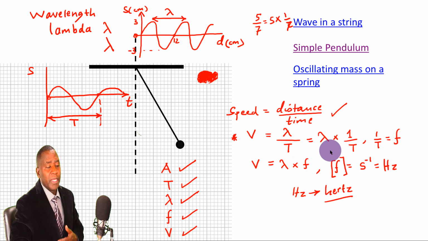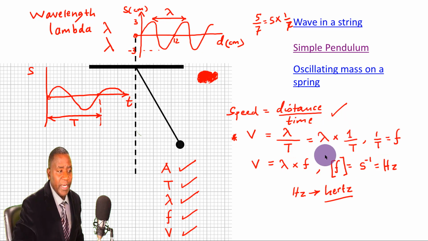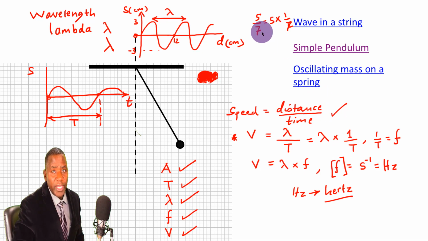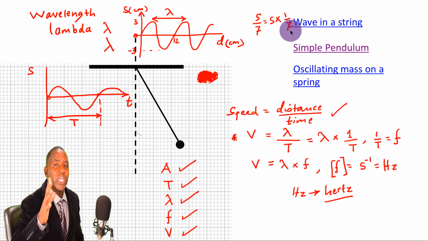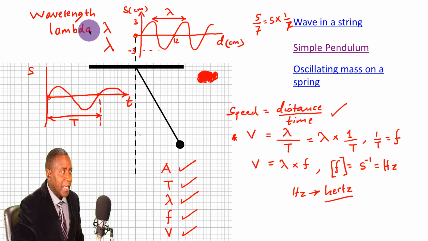Or I came to this equation here and we agreed that this equation can be written like this. Just like, you see this fraction here? That is the fraction I used. 5 over 7 can be written as 5 multiplied by 1 over 7. You have not changed anything in that fraction. Similarly, lambda over T. By the way, lambda is the symbol that is used to represent wavelength.